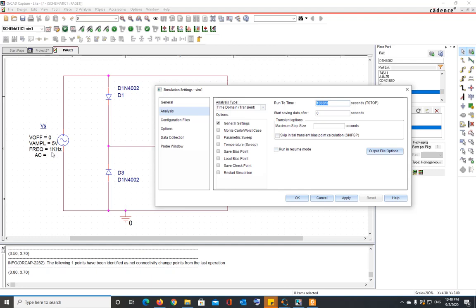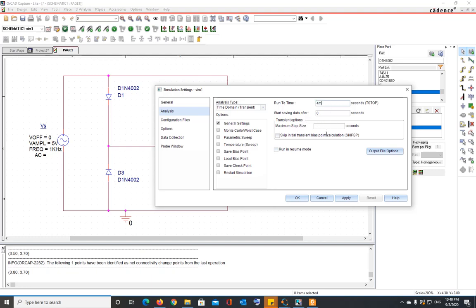That means the time period is 1 over frequency, which will be 1 over 1 kilo, 1 millisecond. So in 1 millisecond, it will have 1 complete cycle. If you want to run it for 3 to 4 cycles, that's going to be about 3 or 4 milliseconds. So let's say I run it for 4 milliseconds, 4 cycles.